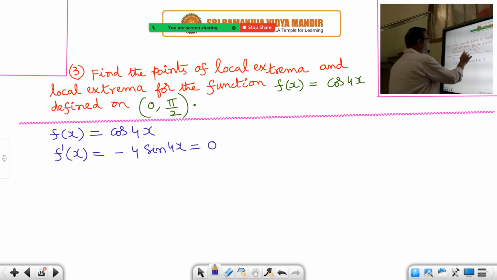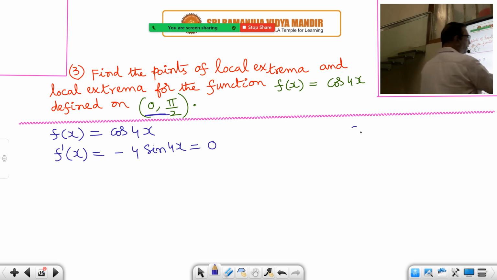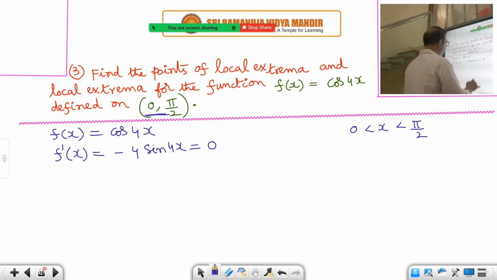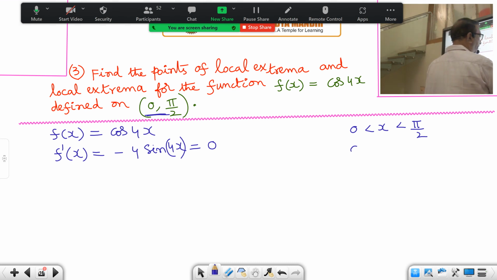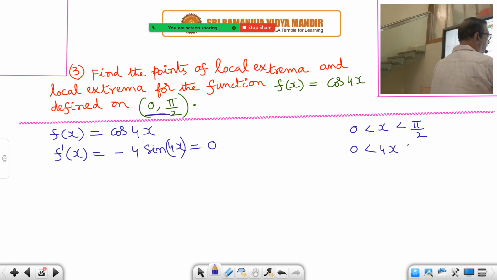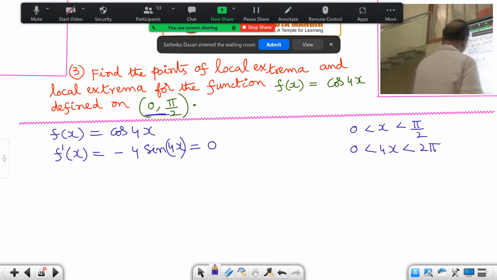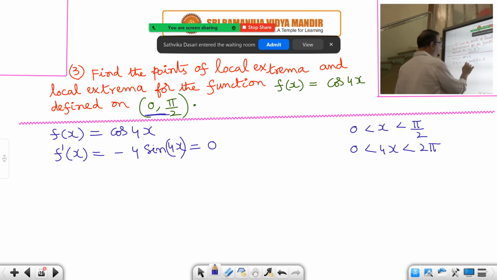See, x is in the interval 0 to pi by 2. 0 is less than x less than pi by 2. Here sin 4x is there. So multiply by 4, 0 is less than 4x less than 2 pi. So 4x takes values from 0 to 2 pi, then sin 4x will be 0 for what values? Sin 4x equal to 0 implies 4x must be pi.